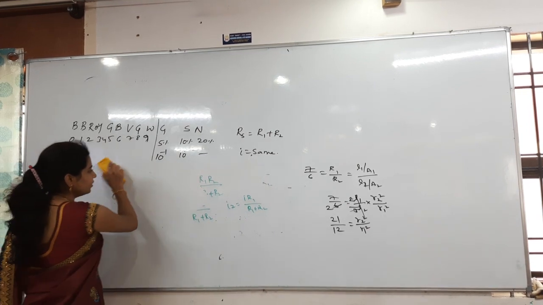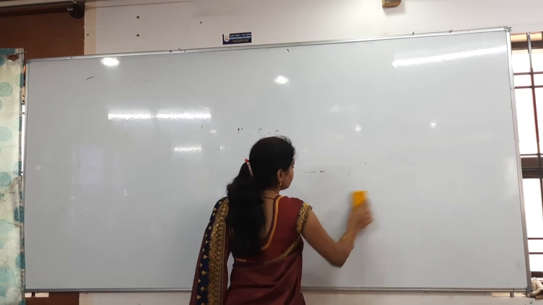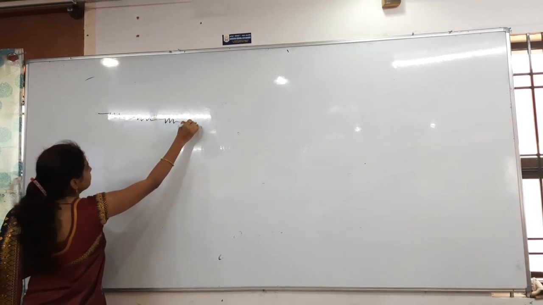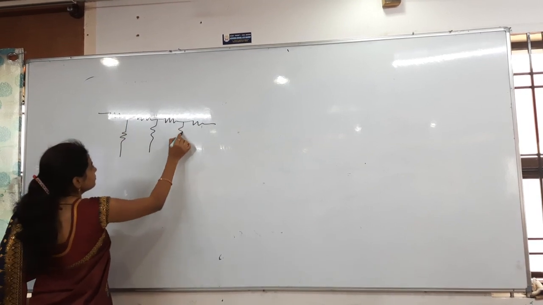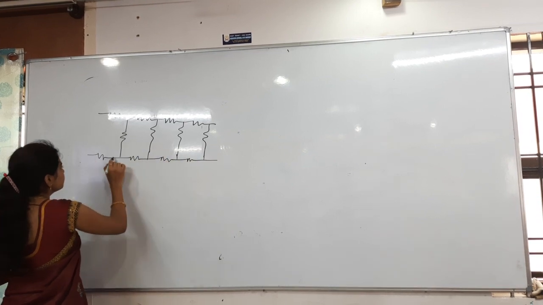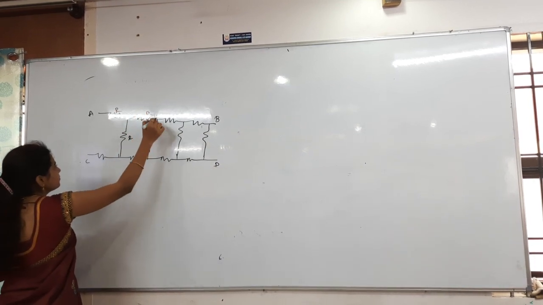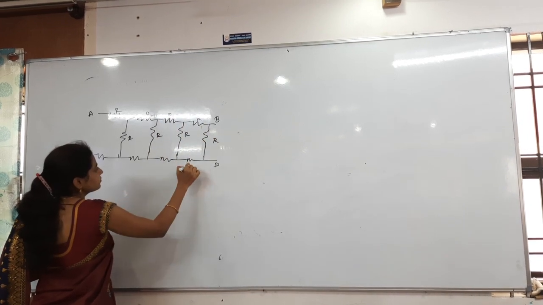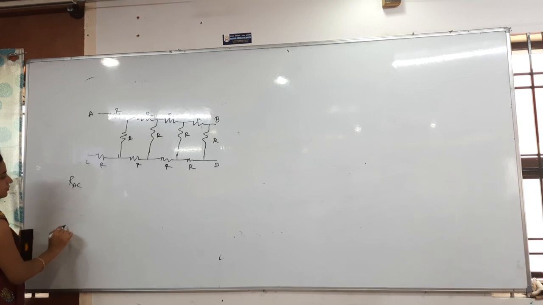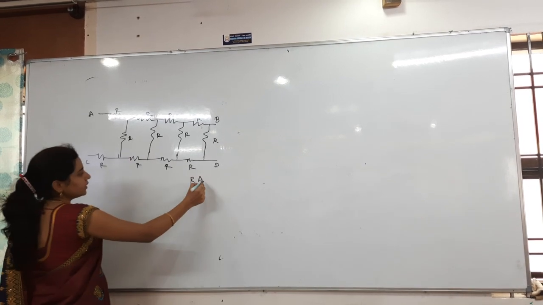Next one, next problem. Next variety problem in combinations. RAB, RAC, RAD.